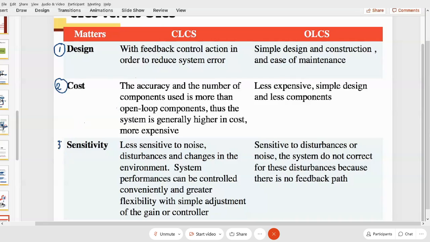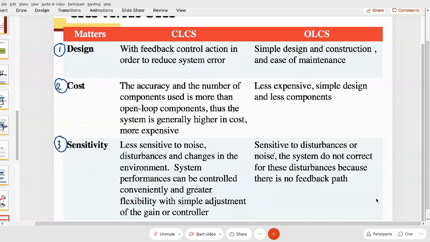And then sensitivity. Which system is more sensitive to disturbance? For the closed loop system, if you have any disturbance, the system will try to maintain the output at the set point. So it is less sensitive to noise and disturbance.